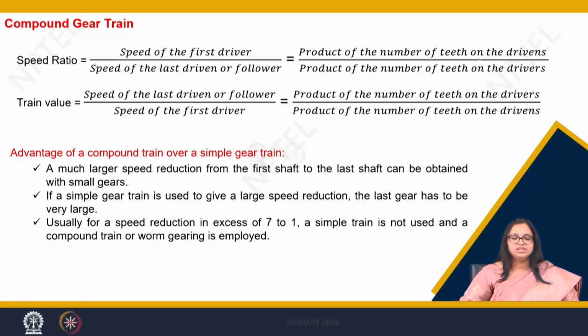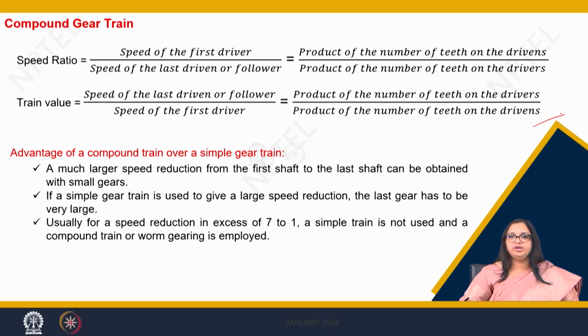It is the speed of the first driver by the speed of the last driven, which is equal to the product of the number of teeth on the driven by the product of number of teeth on the drivers. Now when we talk about train value, it is the reciprocal of the speed ratio and the equation is given herein.